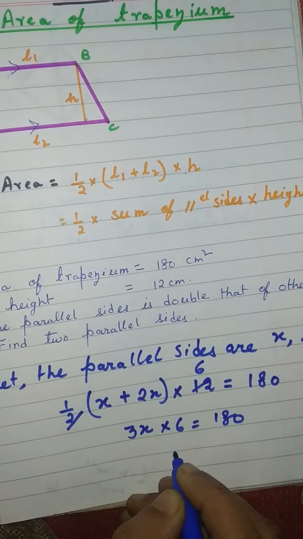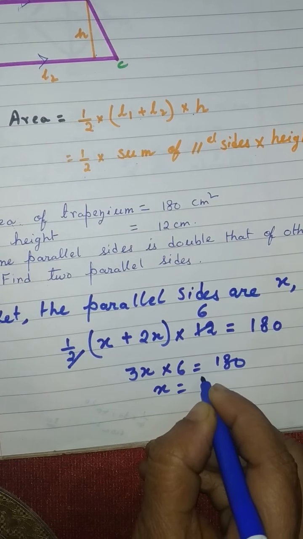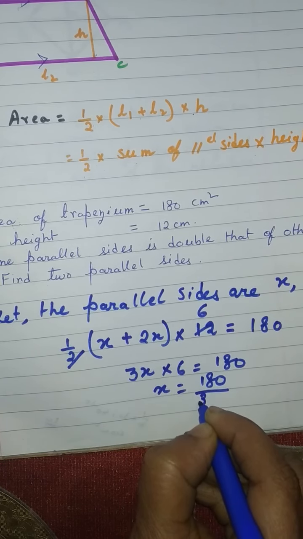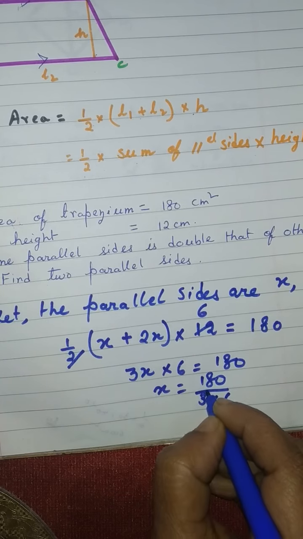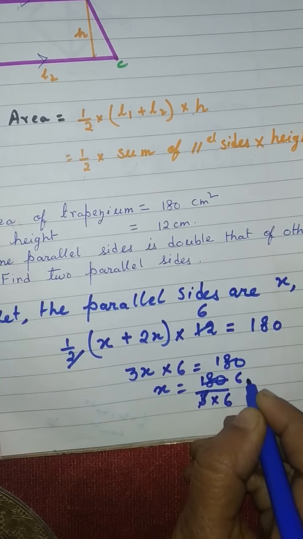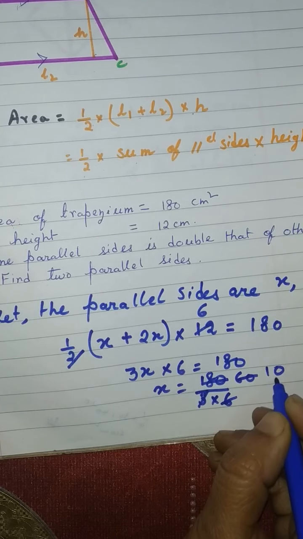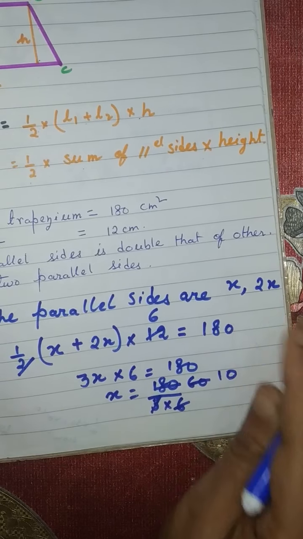So x is equal to 180 upon 3 into 6. When it goes to the right side, it will be the denominator. 180 upon 18, which is 10. So x equals 10. In the first line, we assumed that the parallel sides are x and 2x.